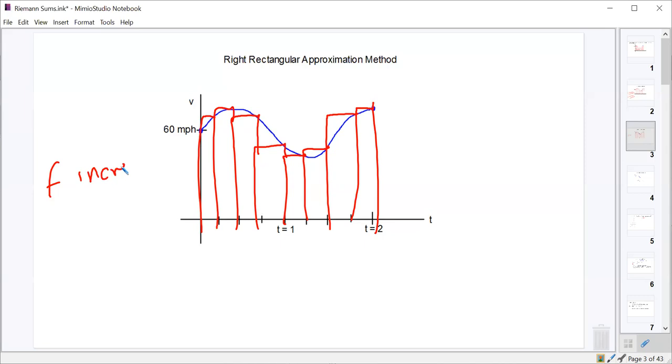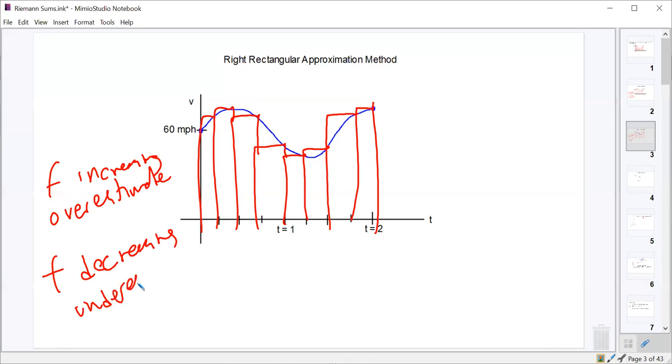Our right rectangular approximation is an overestimate, and our right rectangular approximation is an underestimate when our function is decreasing. Good? Any issues with that?